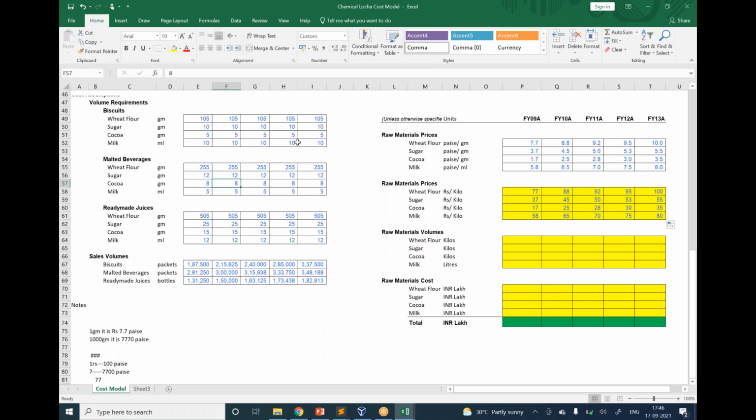How do you calculate? 105 into 1000. Why into 1000?